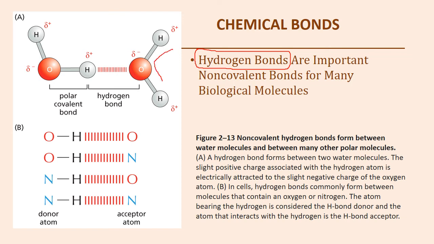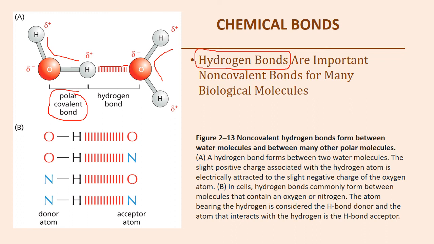As you can see right here, these are my two little polar covalent bonds, right? Because the oxygen is better at taking the electrons than the hydrogen. And the two water molecules can interact with each other because the hydrogen is able to hydrogen bond from one atom to the next.